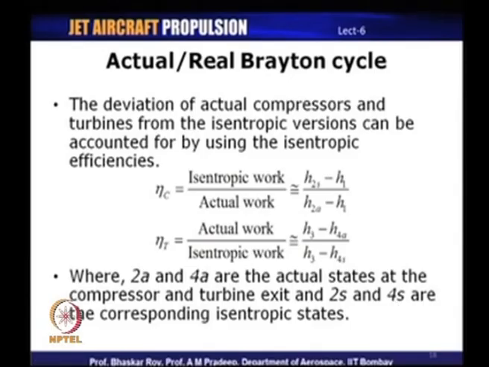So, using these isentropic efficiency definitions, one can estimate the deviation that an actual cycle would have as compared to an ideal cycle. The difference between an actual cycle and an ideal cycle can be estimated using these efficiency definitions.